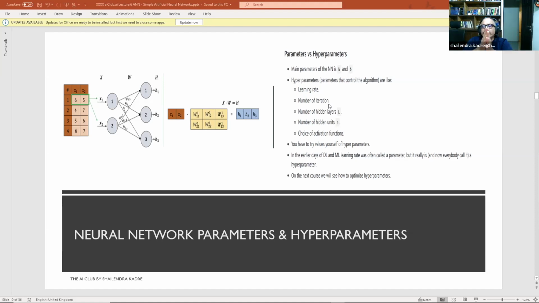But I have done only 25. What will happen? Can anybody guess? I need 100 iterations to completely update my weights and biases, ideally, but I do only 25 iterations and stop. What will be the result? The accuracy will be pretty low.